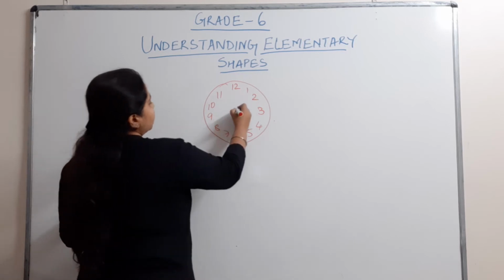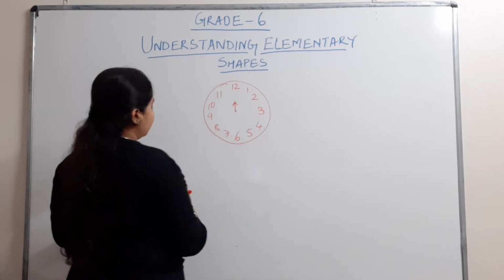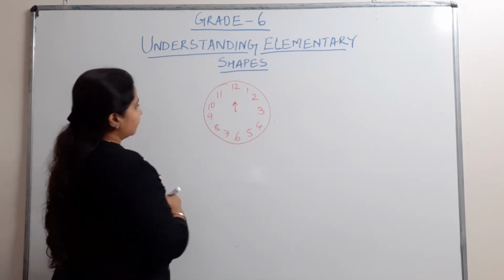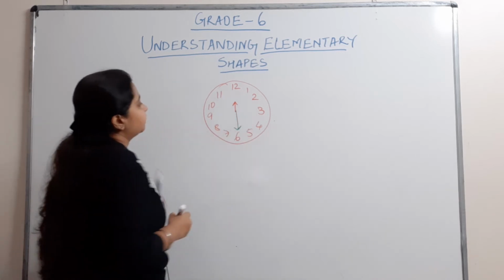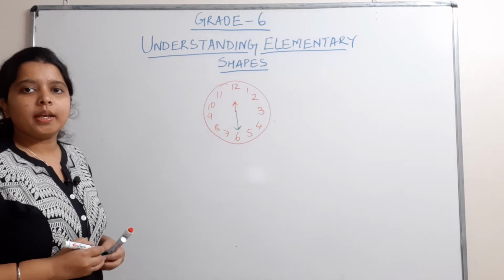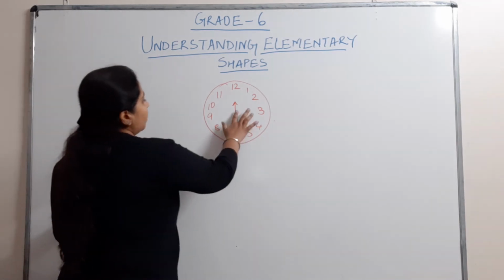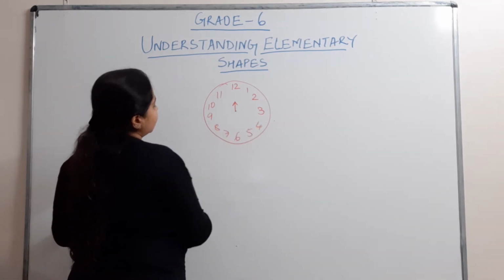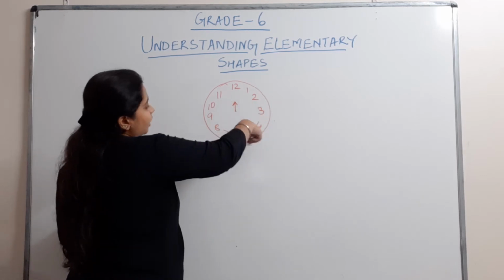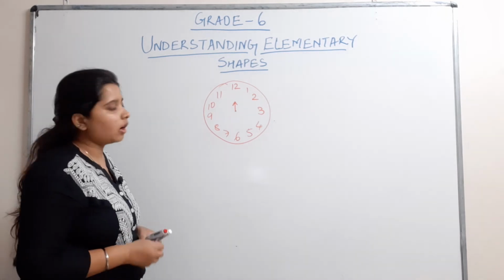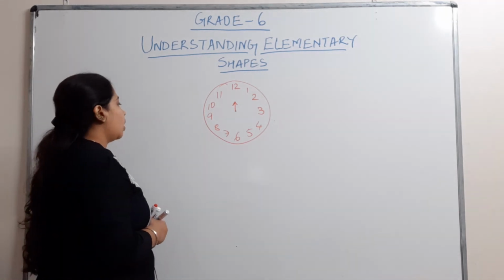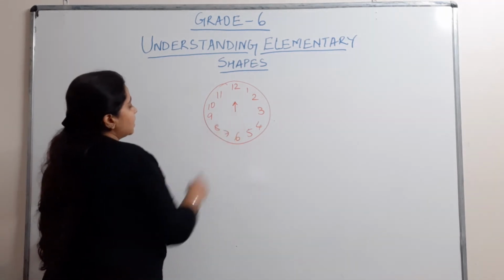For example, this is the hour hand and this is the minute hand. You know that the hour hand always rotates in the clockwise direction. Obviously, it is a clock.